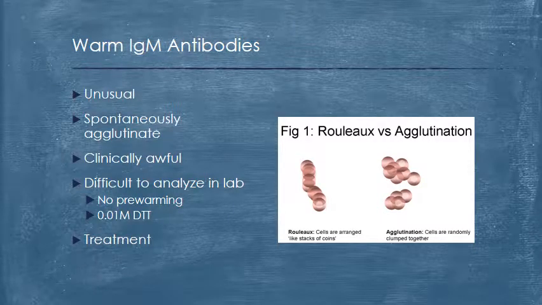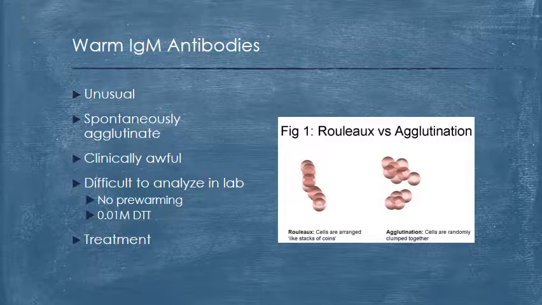There are some unusual types of autoantibodies that may occur, and these can cause clinical problems because some of these unusual types of autoantibodies can coat the red cells quite strongly and can spontaneously agglutinate in vivo. Okay.